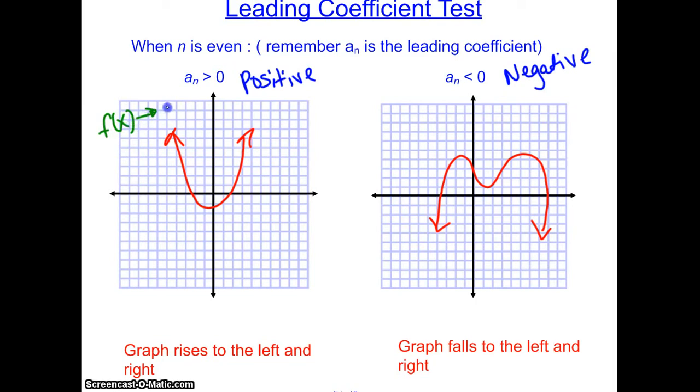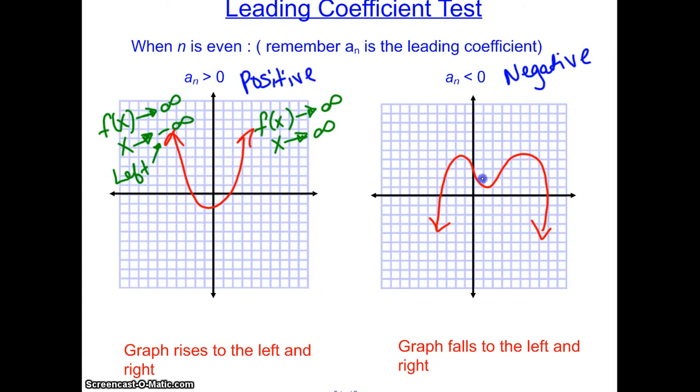So f of x is going to positive infinity as x approaches negative infinity. And again, since you're talking about the left, then x will be going to negative infinity.